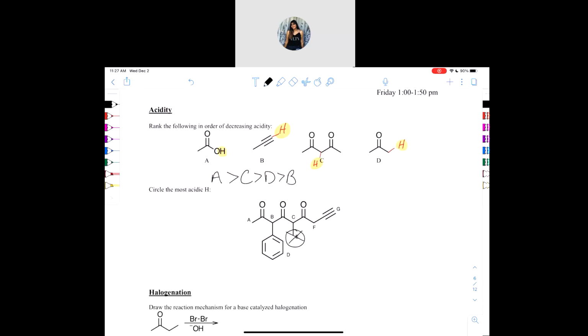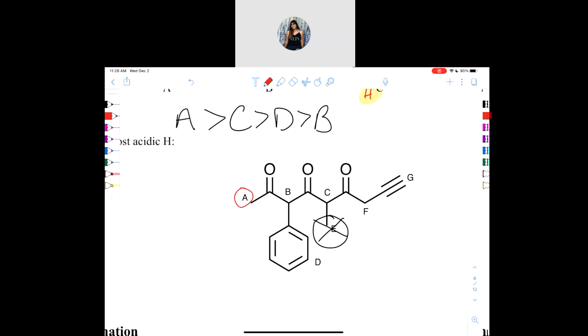And then instead of going one by one through every single one, like A, B, C, D, whatever, how I like to do it is narrow it down automatically to allylic and benzylic positions. So in this case, we have A, and I'm going to say that's allylic. B is both benzylic and allylic.